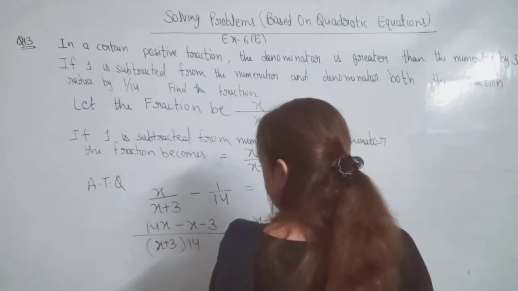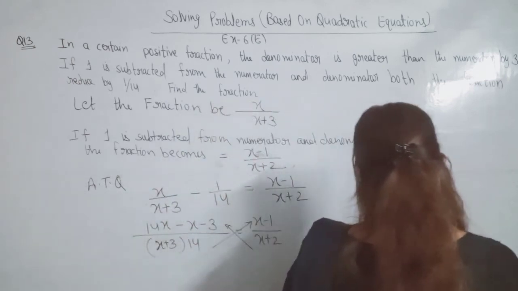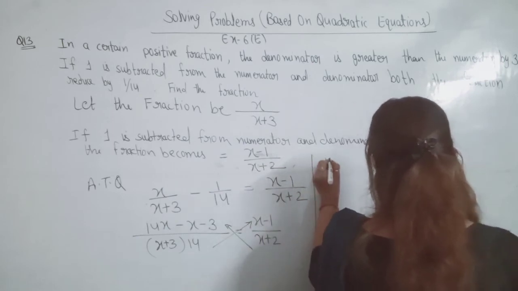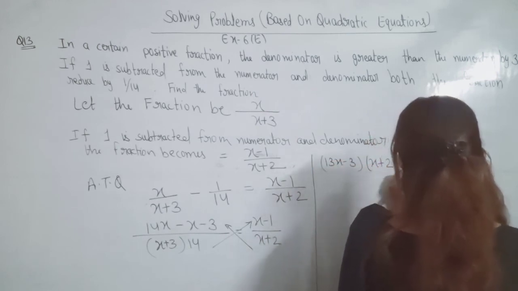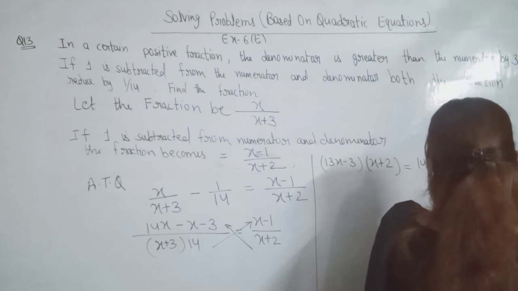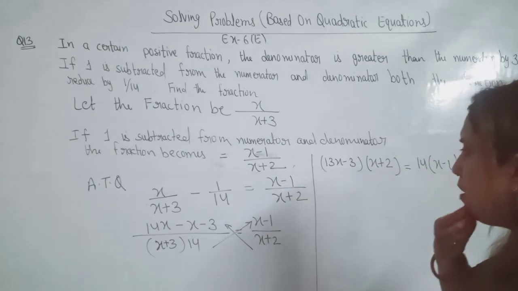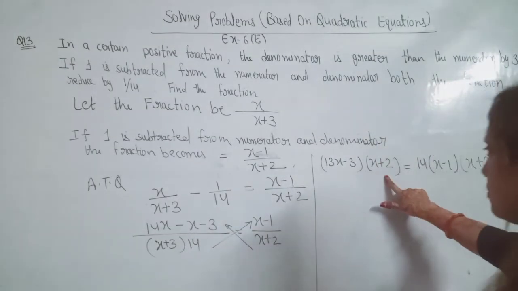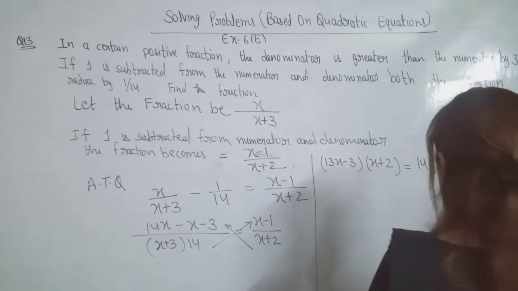Now do the cross multiplication. 13x minus 3 into x plus 2 is equal to 14 into x minus 1 into x plus 3.